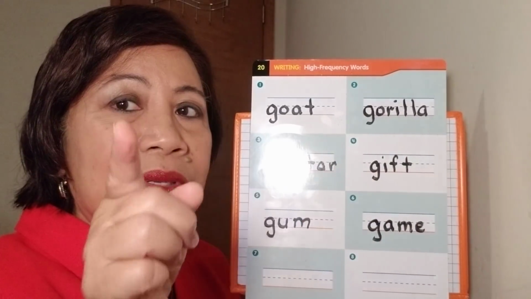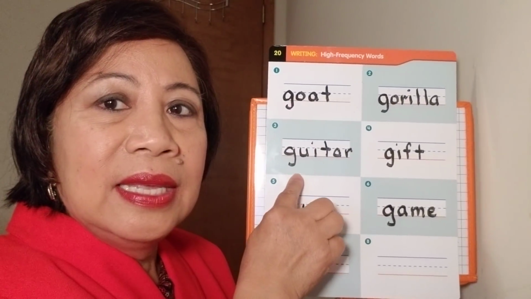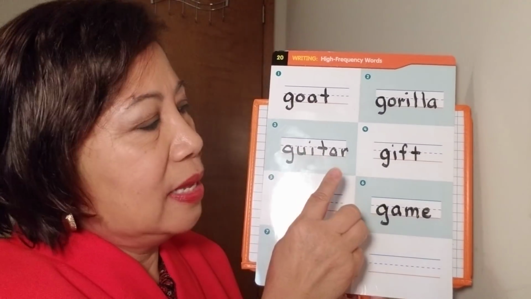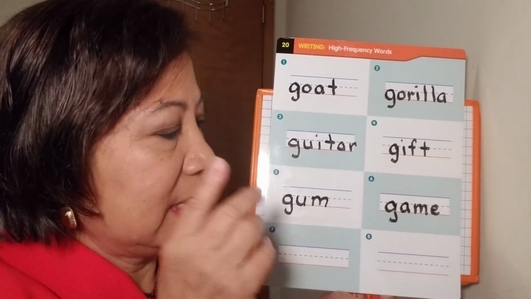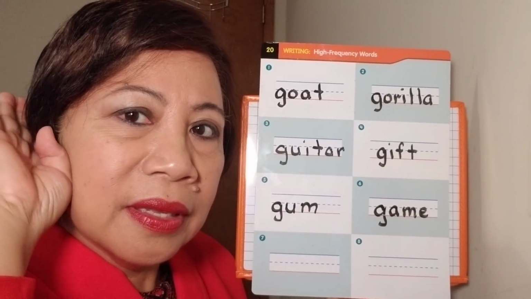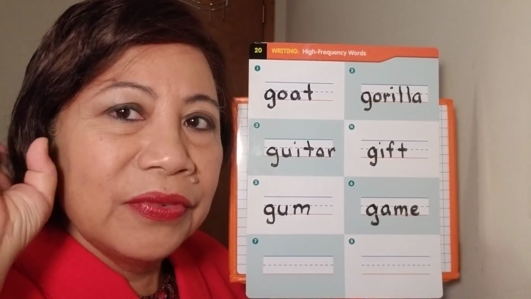Gorilla. Your turn. Very good. Guitar. Your turn. Gift. Your turn. Gum. Your turn. Game. Your turn. Very good.